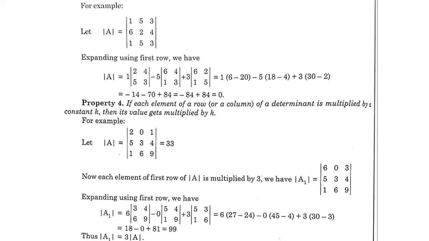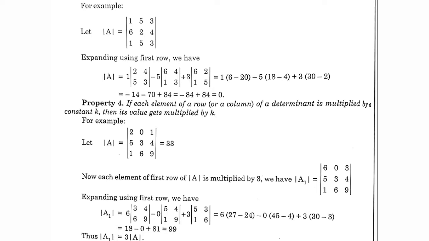Property number 4: if each element of a row of a determinant is multiplied by a constant k, then its value gets multiplied by k.